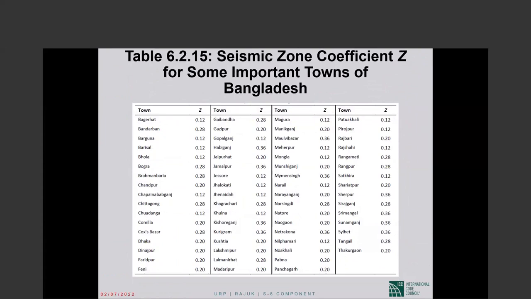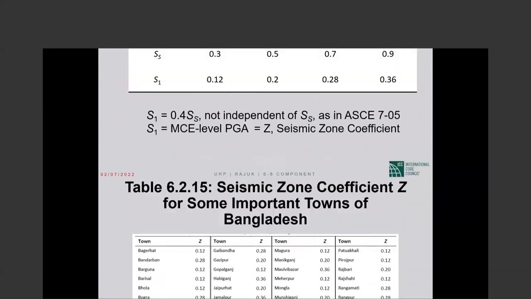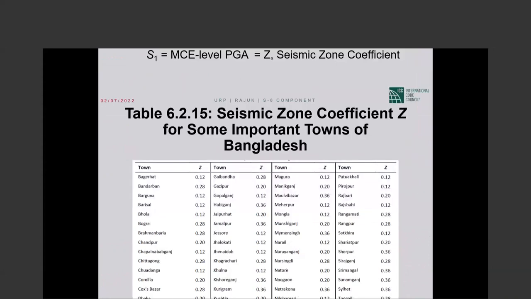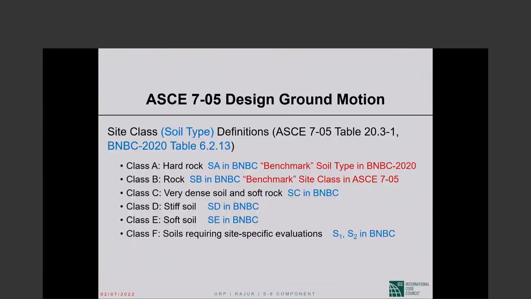That indicates your zone is 2, and you can readily determine the S sub S and S sub 1 value. S sub 1 is 0.2 and S sub S is 0.5. S sub 1 is the same as the Z factor, as I pointed out. The table is just to make things simple.